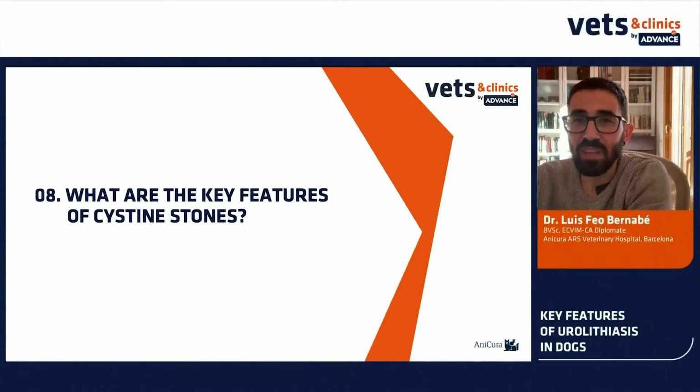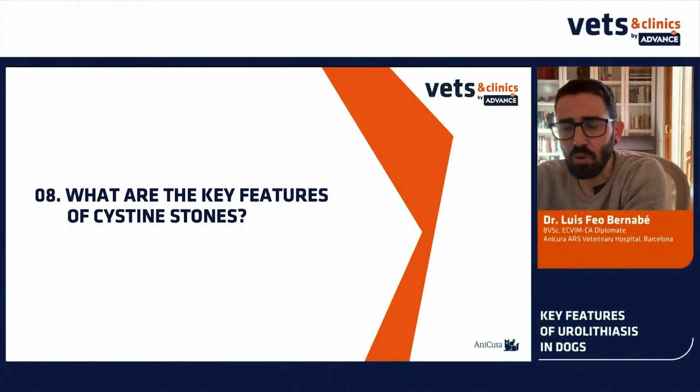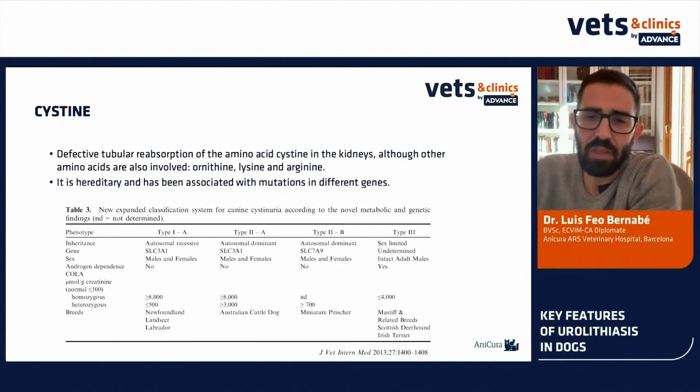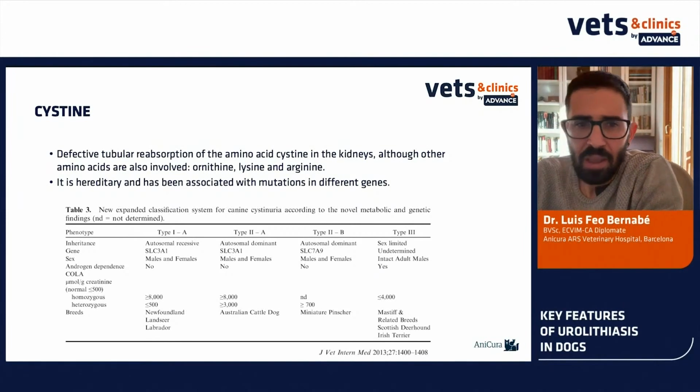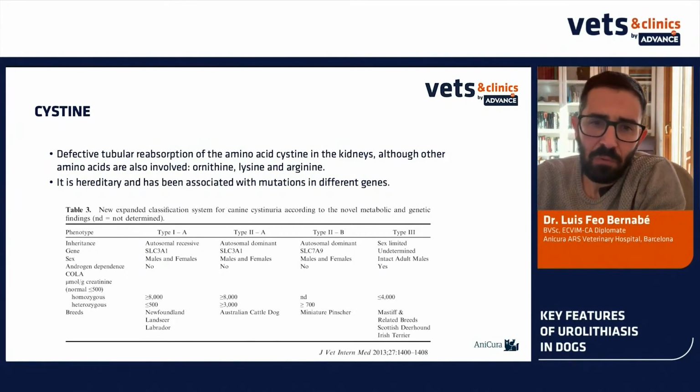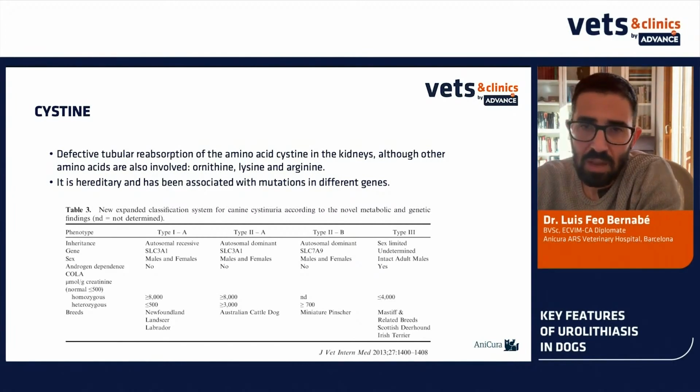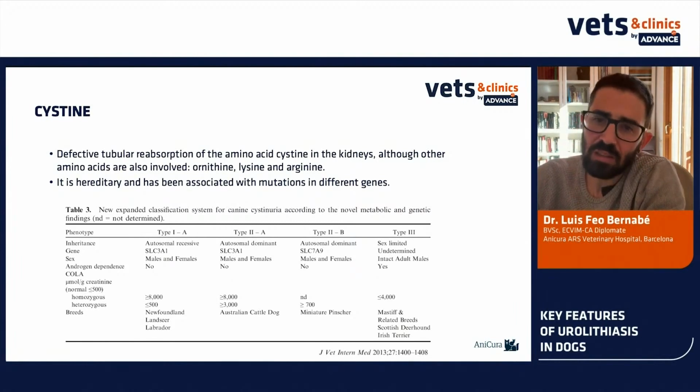Yeah. So cystine is the next calculi that we're talking about now, and it is clearly less frequent. What we know is there is a defective tubular reabsorption of the amino acid cystine in the kidney. However, other amino acids are also involved in this disease, and sometimes you can see decreased ornithine, lysine, and arginine, but we don't tend to measure these.